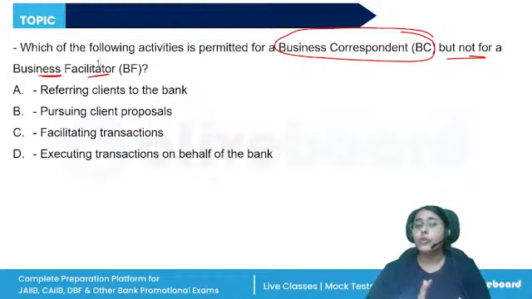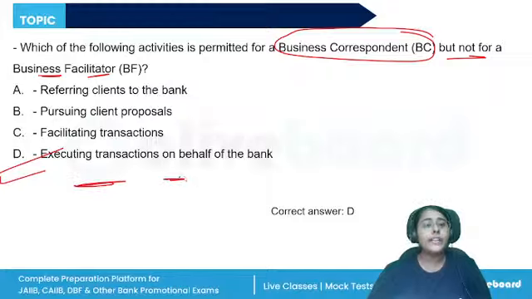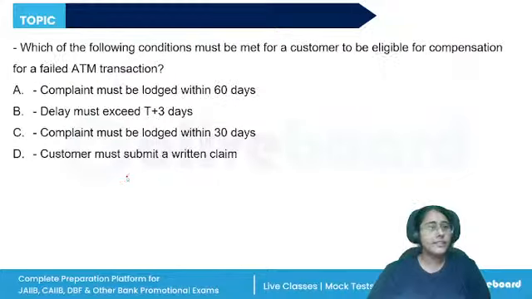They're not allowed to personally do the transactions like the business correspondents are allowed, right? So the activity permitted for the business correspondent is executing the transactions on behalf of the bank, and this is not allowed for the business facilitator.